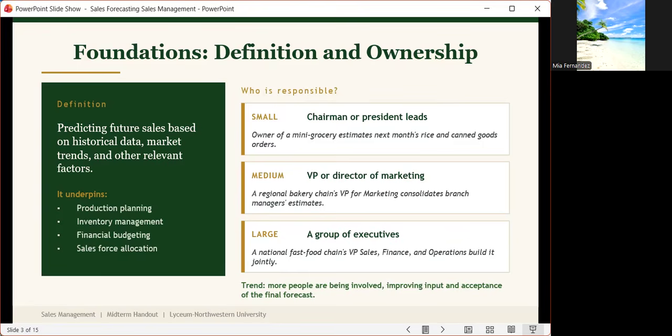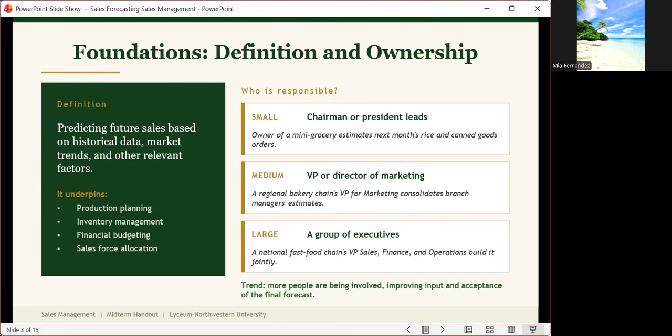It depends on the company size. If it's a small company, of course, the chairman or the president does it personally. Think of a mini grocery owner estimating next month's rice and canned goods. If it's just a small business, like a sole proprietor or a partnership, the owners could just do the forecasting.